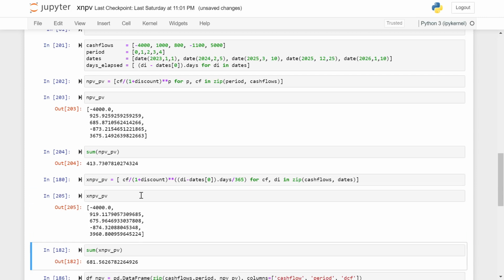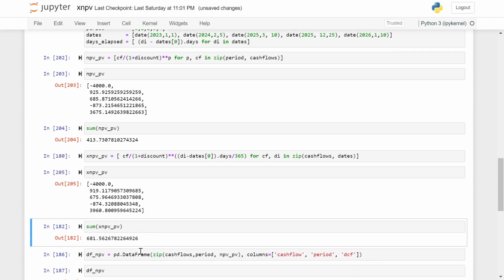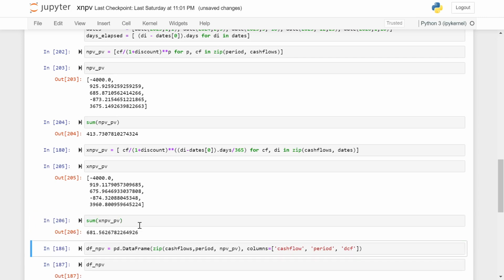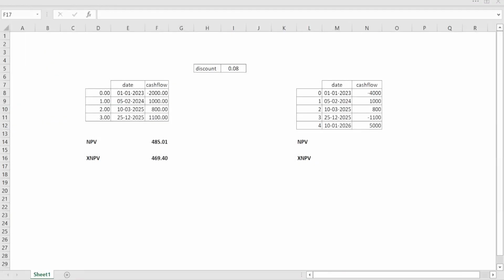So these are our discounted cash flows, and when we sum them up, we get 681. See, 413, 681.